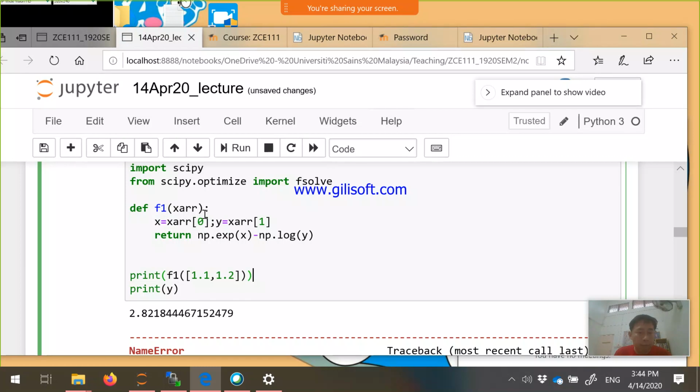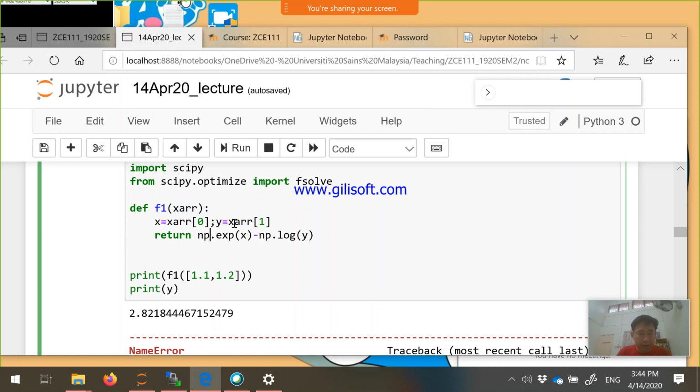The values of y that is defined inside the definition of this function is a local variable. So x is a local variable, y is a local variable. The values of x and y defined inside f1 stay in the function f1.